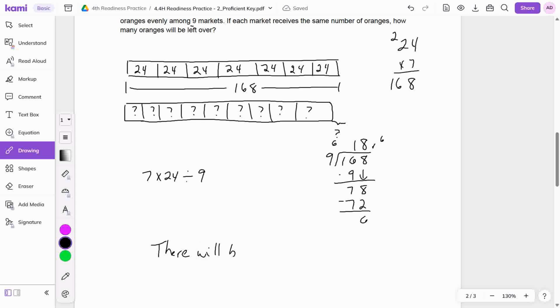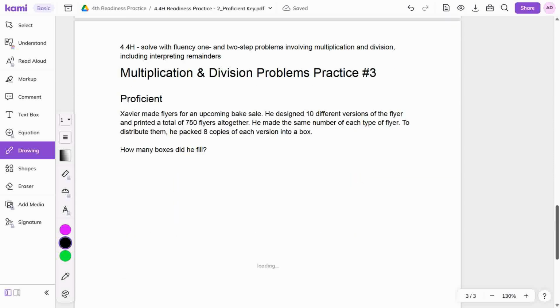I'll go ahead and put both of those in there. 18 oranges for each market. So that lets me know I've done the full division. And 6 left over. That's really what the question is asking, is how much will be left over. But I went ahead and put both of them in there.